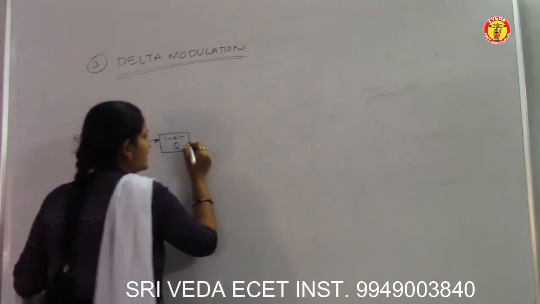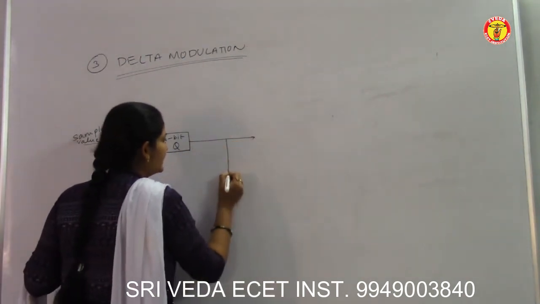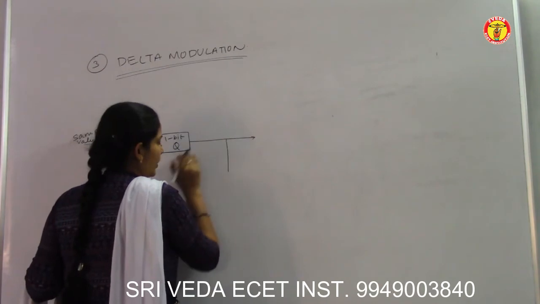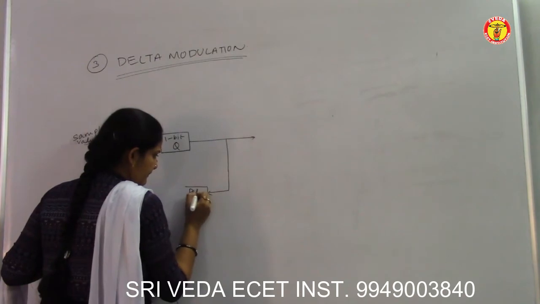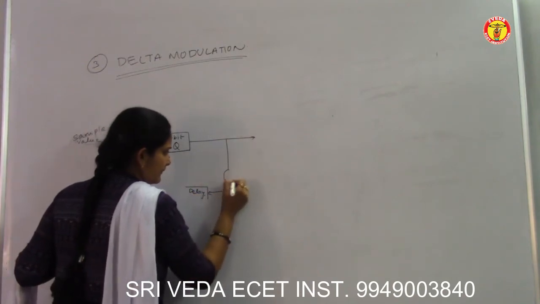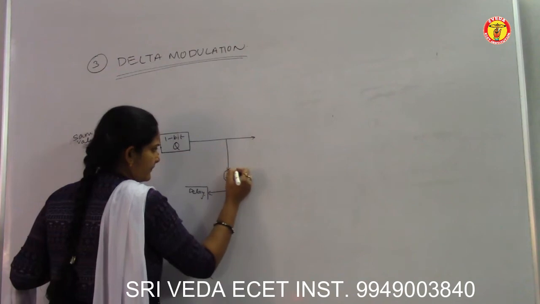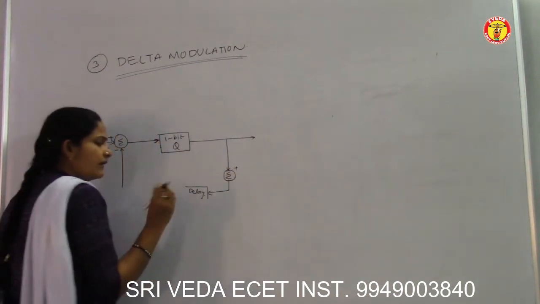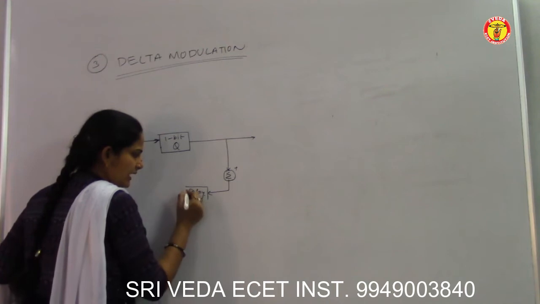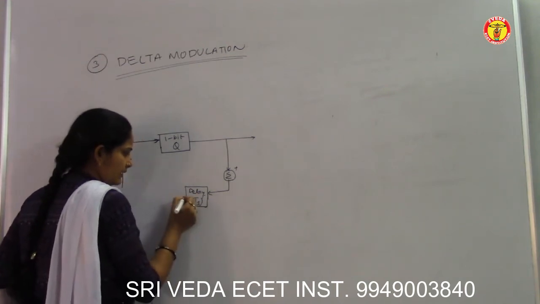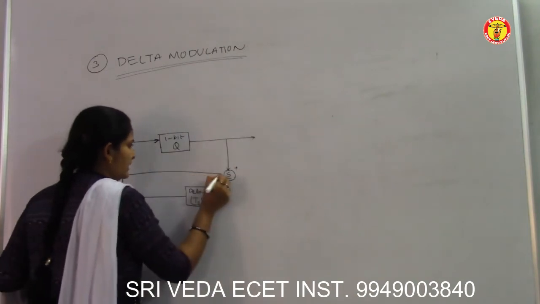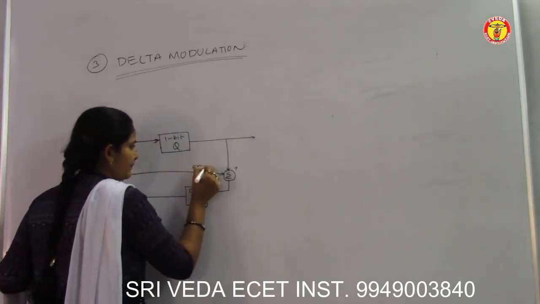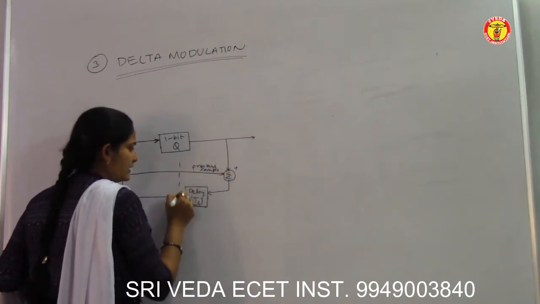Next, a part of the output of this quantizer is given through a delay circuit here, with a delay of one sample. Next, it is fed to this one. This is my previous sample value.